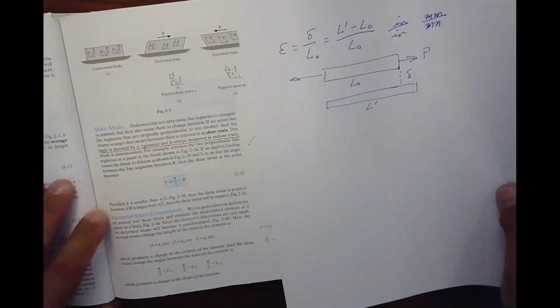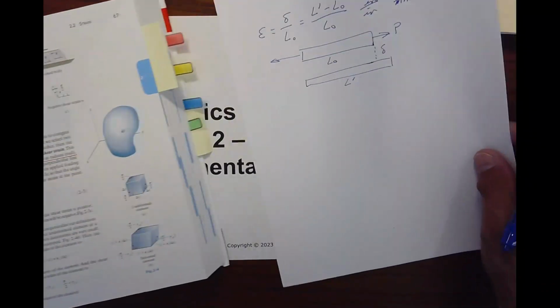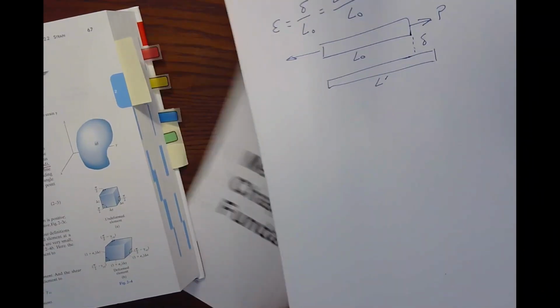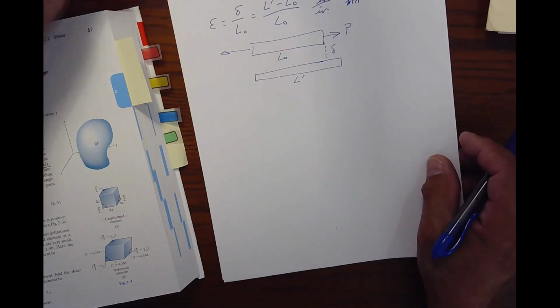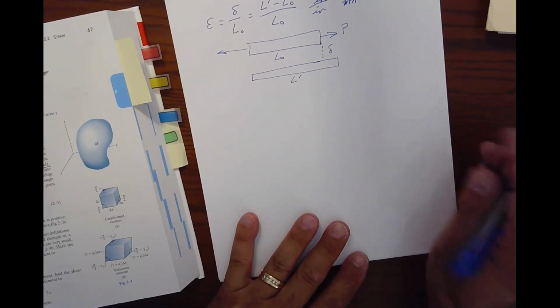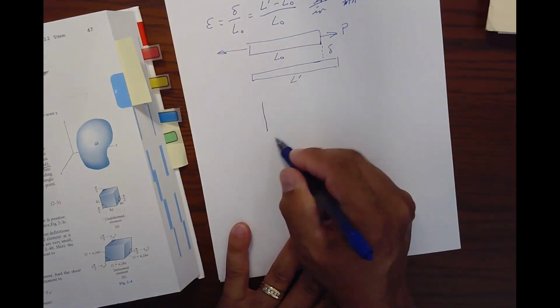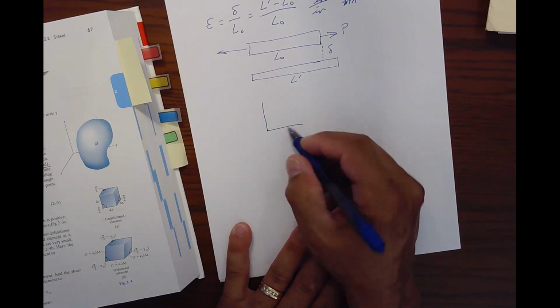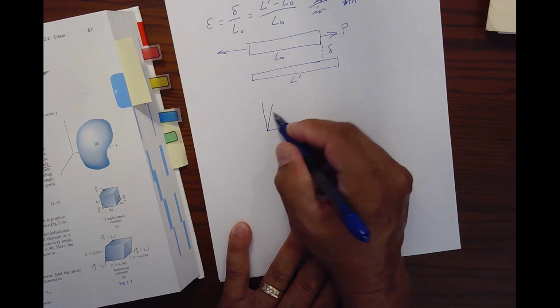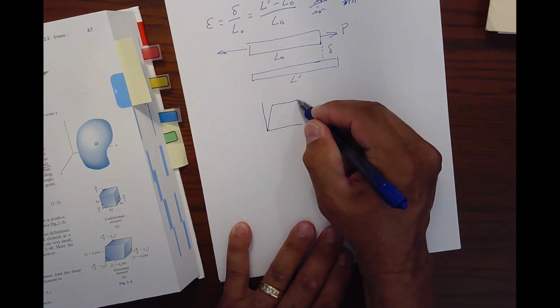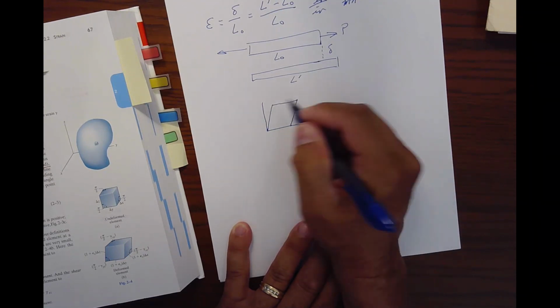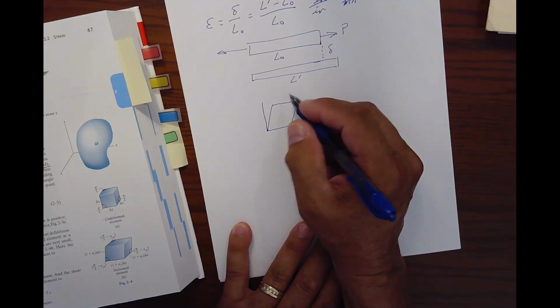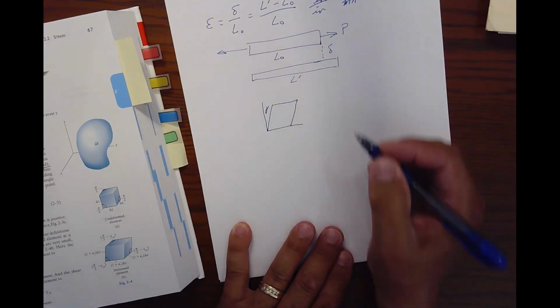Then we said for shear strain, a little more confusing, where we start off with a rectangle, right, and we shear that rectangle and it becomes a parallelogram. I know a rectangle is a special parallelogram, but nevertheless, this angle here, gamma, is the shear strain.